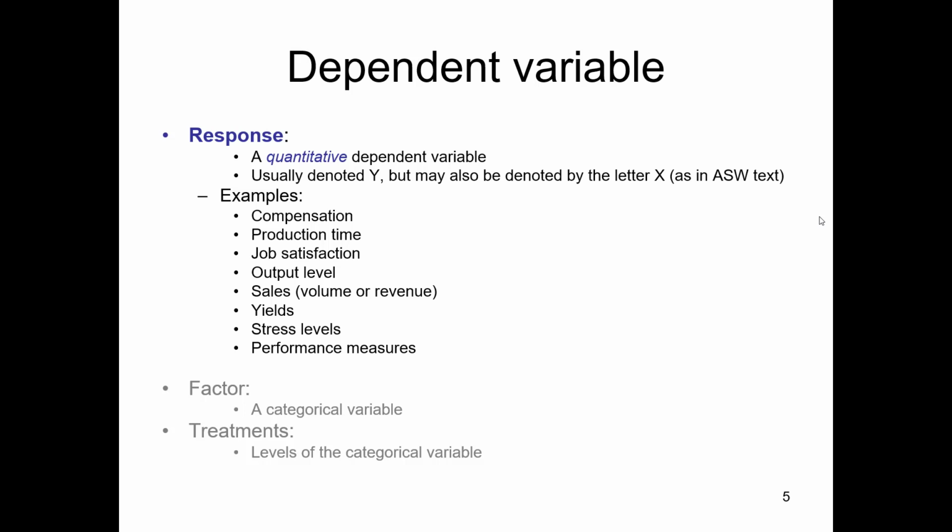There's not a hard and fast tradition that it's always a y like it is with a regression or a line. Some examples that we may be trying to measure: compensation levels, production time, job satisfaction, output, sales, revenues, stress levels, and other performance measures.